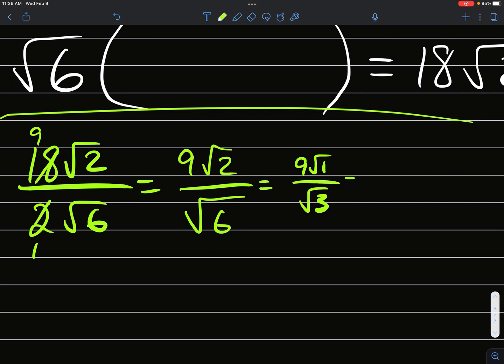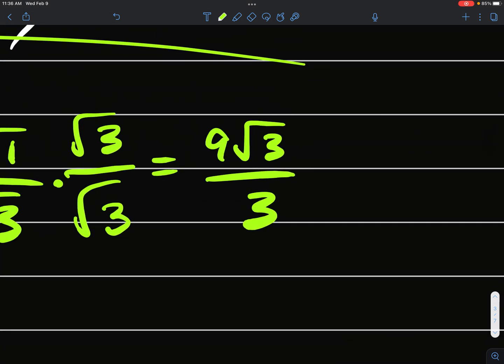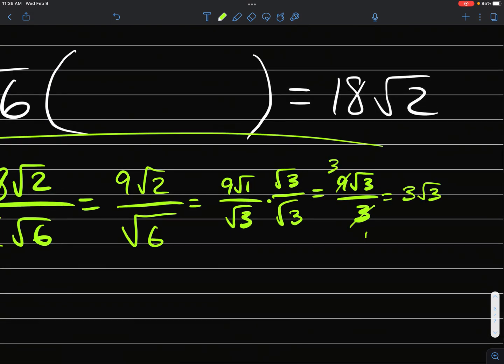No! Silly Kyle, tricks are for kids. Times radical 3 over radical 3. I get 9 radical 3 over 3. Oh, look at this. 3 goes into 9 3 times. So we get 3 radical 3 as your answer.